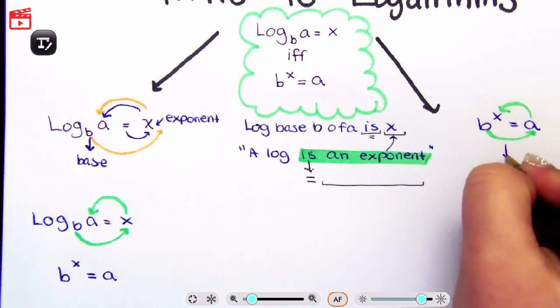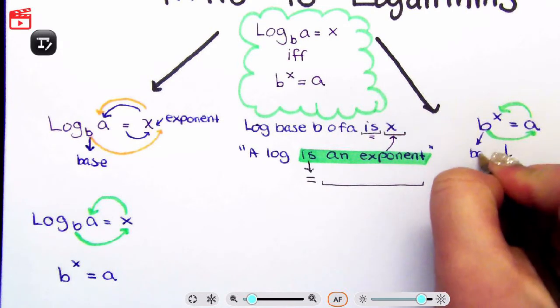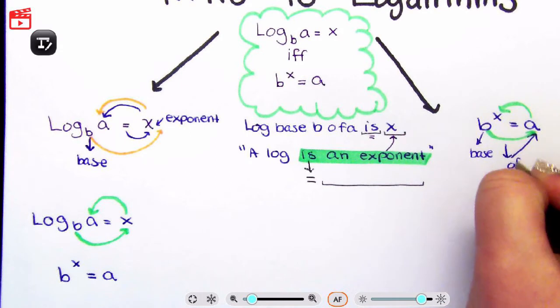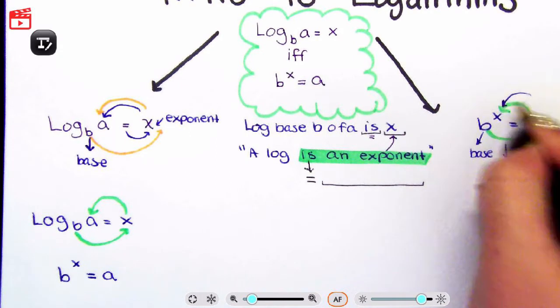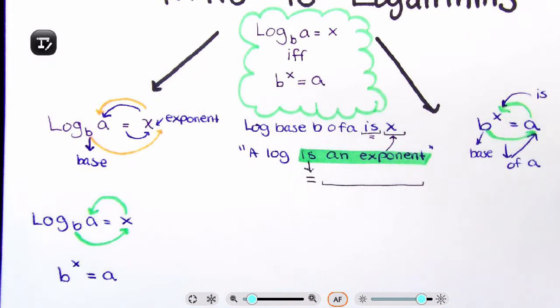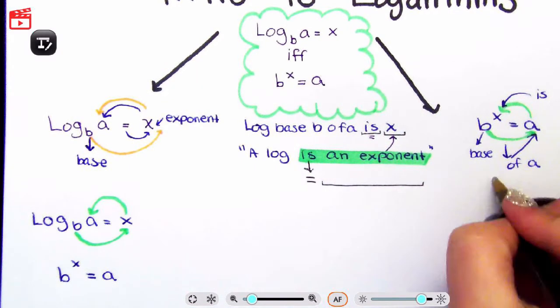So your base is b, your a is your "of a" part, and then your x is x, or you can think of it as an exponent. So how do we rewrite this?